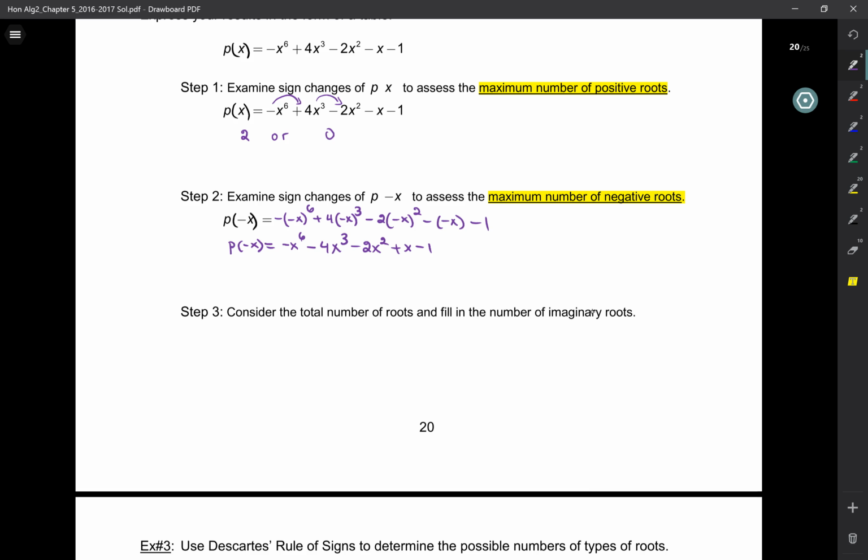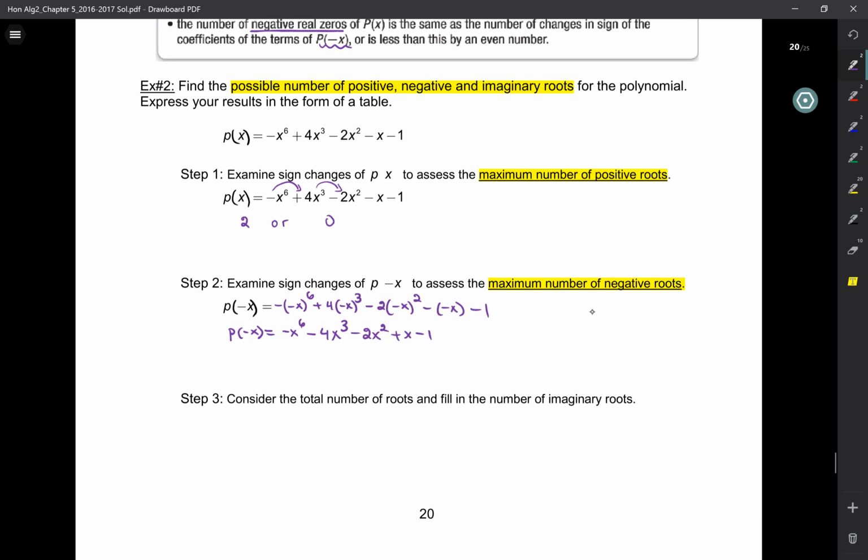So you can't just switch the signs because you're making x negative, and depending on what the exponent is, the sign may or may not change. Now, let's examine this a little bit. I'm making all of the x's here negative, right? Now, if you take a negative x and you raise it to an exponent that's even, what happens to that negative?